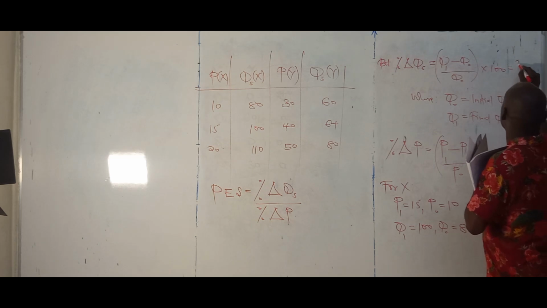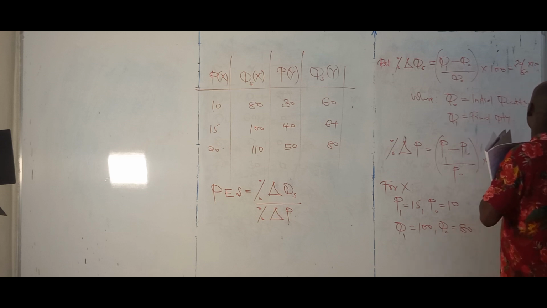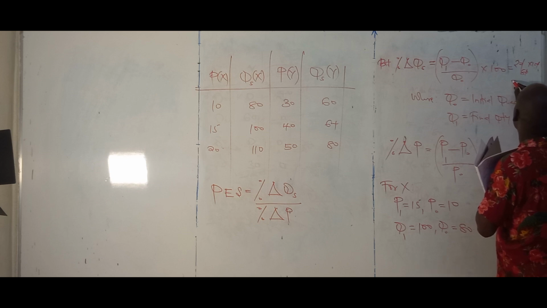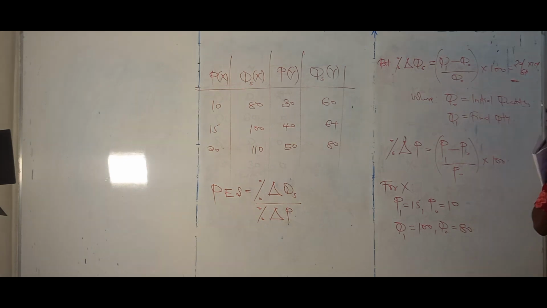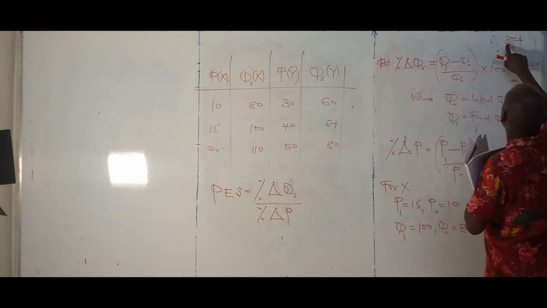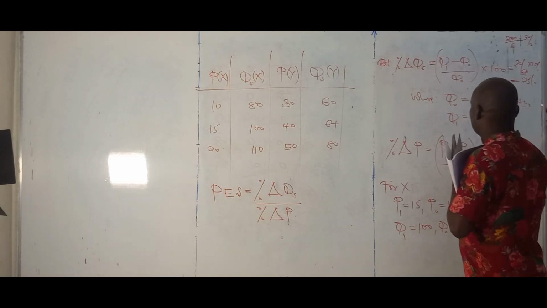So it is 20 over 80 times 100, which is 200 over 8. 4 goes there, 50, and it goes there, so that's 25. So I get 25%.